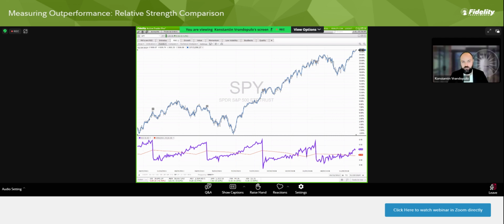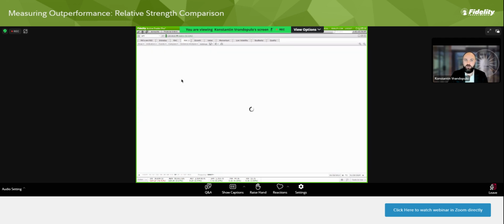Now, Constantine wanted to quickly tell everybody that you don't have to recreate the work. If you have one chart, and let's say you call that chart relative strength comparisons chart, once you've set up one of these tabs in the appropriate way, you can right click on it and click on copy current tab.